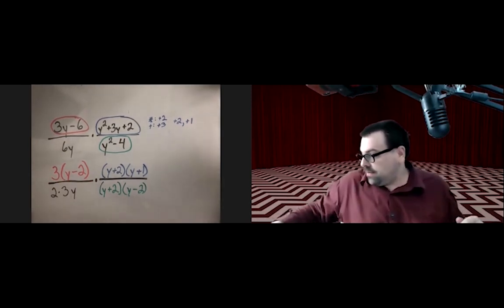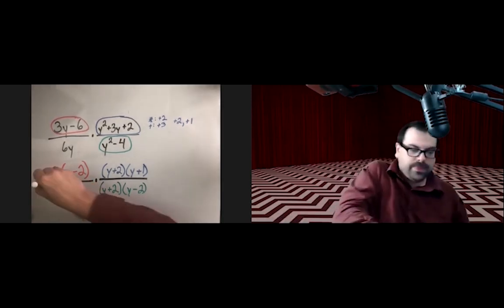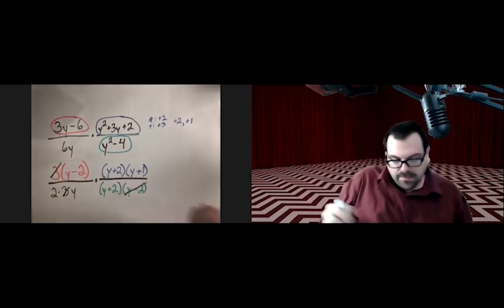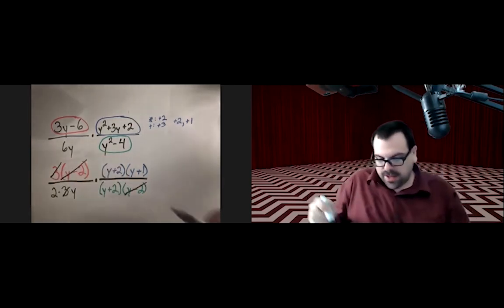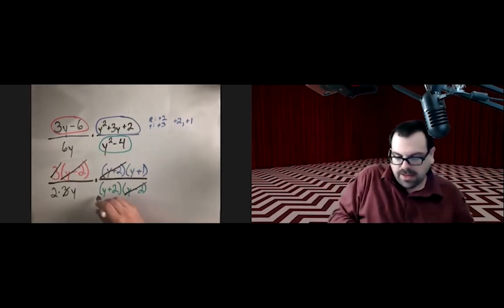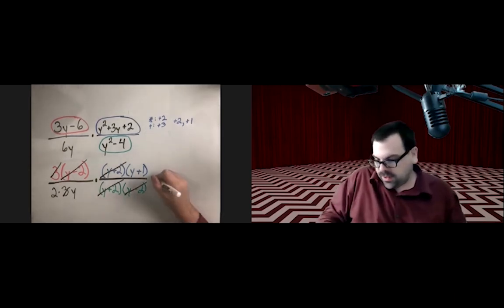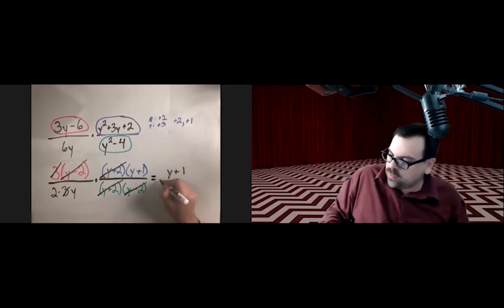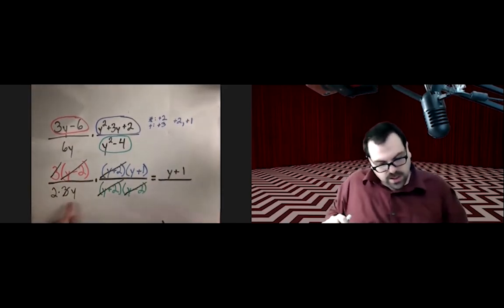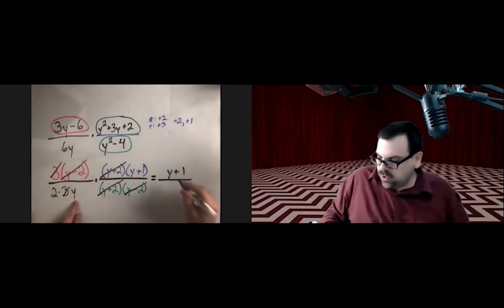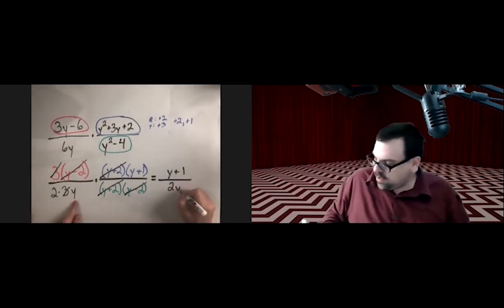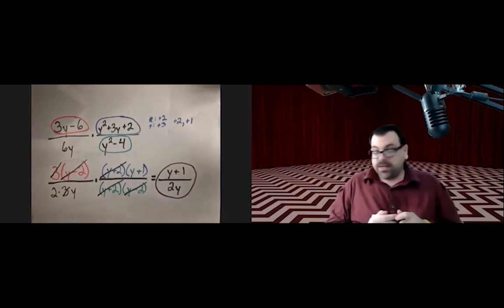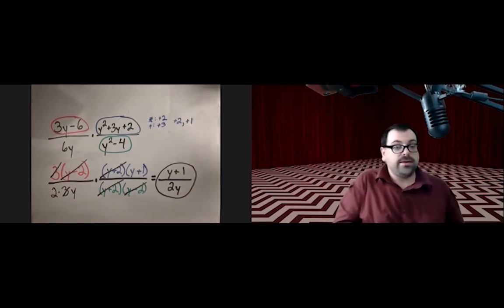Let's cancel what we can. This 3 with that 3. This y minus 2 with that y minus 2, y plus 2, and y plus 2. Which leaves us with just the factor of y plus 1 on the top and just a 2y on the bottom. Y plus 1 over 2y.